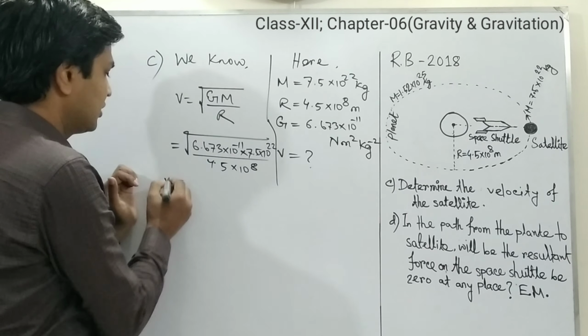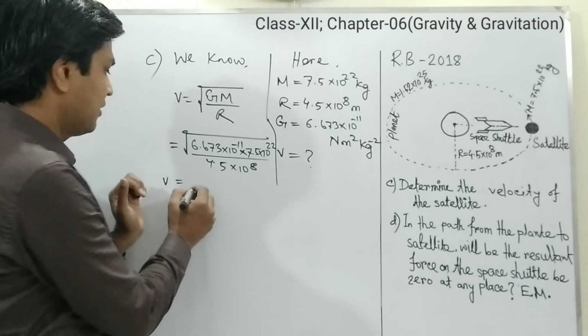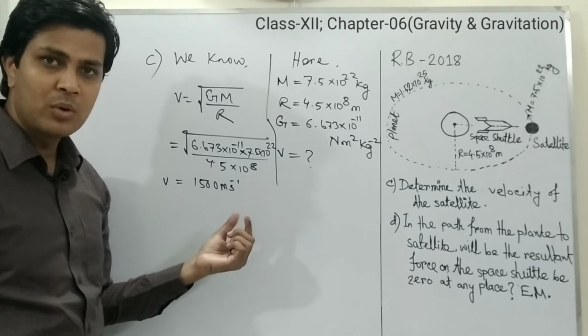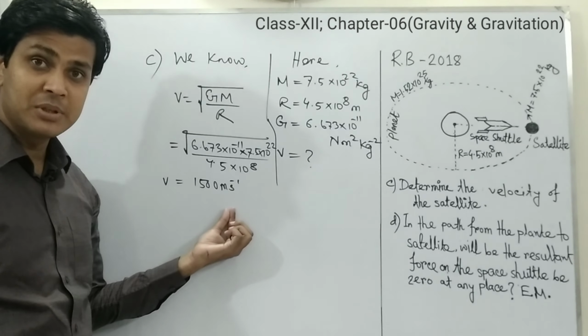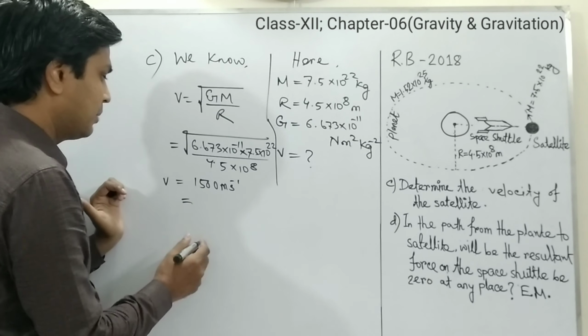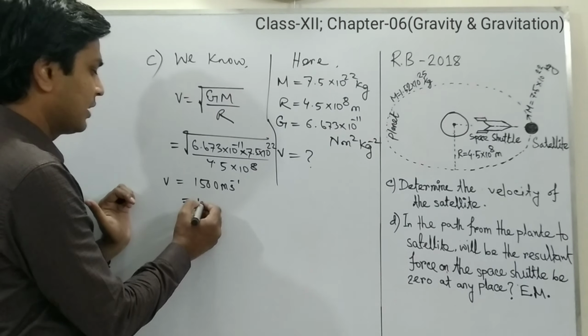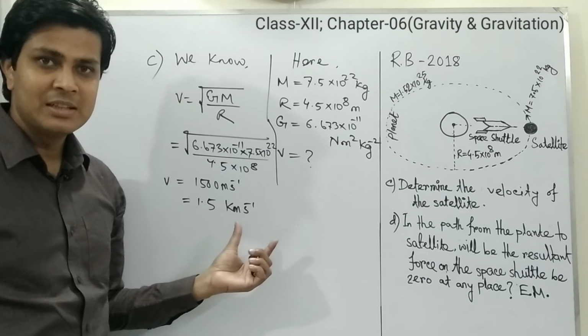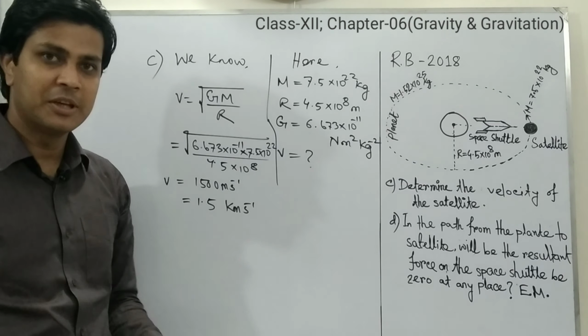After calculation, we will get the value 1500 meter per second. If you want to write the unit in kilometer per second, then we have to divide by 1000, then we can write 1.5 kilometer per second. That is the answer of question number C.